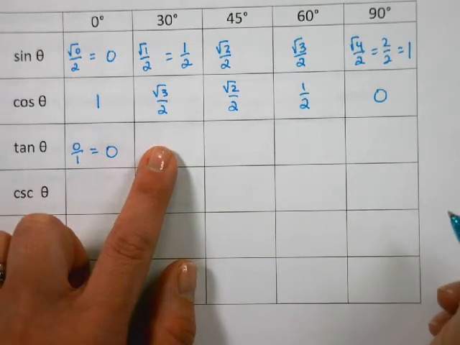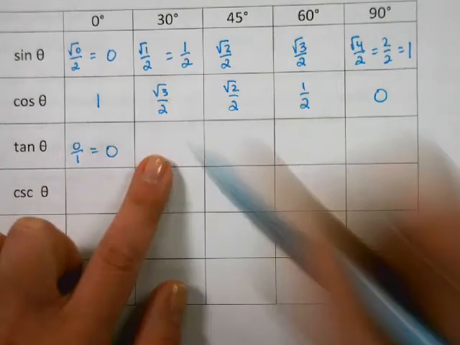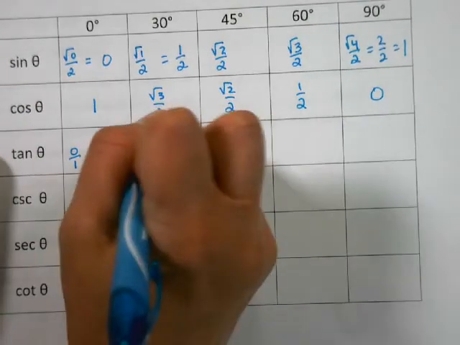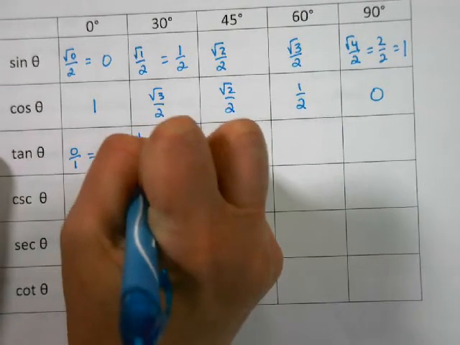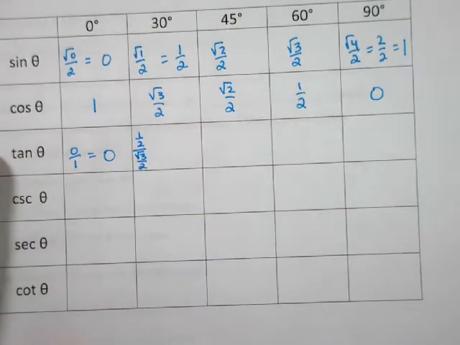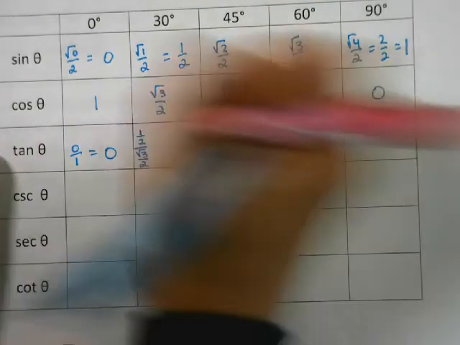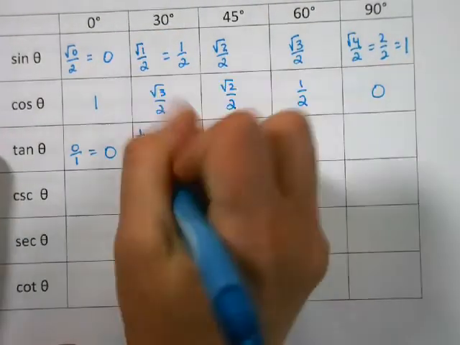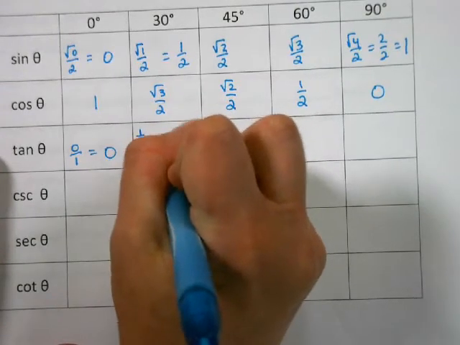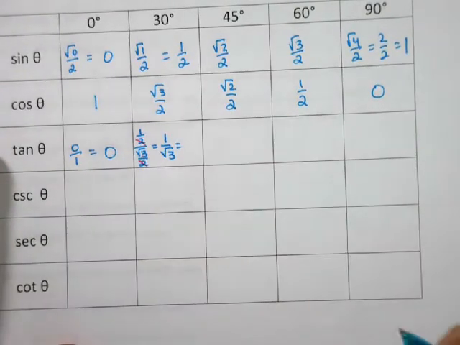One half divided by root 3 over 2. I'm going to write it so you can see it. Ooh, we're going to have to do some work. We're going to do some copy dot flip in. We could also see how they both have a 2 in the denominator, so I get 1 over root 3. But I can't leave my answer with a radical in the denominator, so how's that guy rationalize?